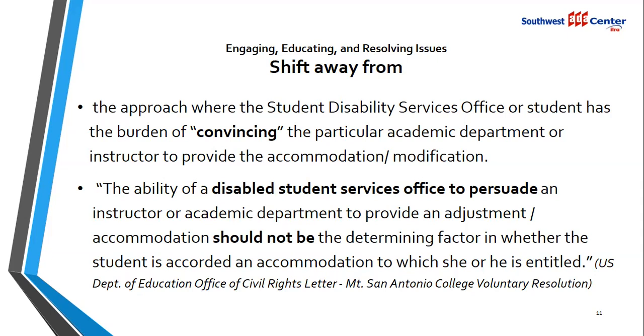Providing access for students with disabilities, including students with learning disabilities, is a very serious matter, according to the U.S. Department of Education, the Americans with Disabilities Act, and Section 504 of the Rehabilitation Act. Next.